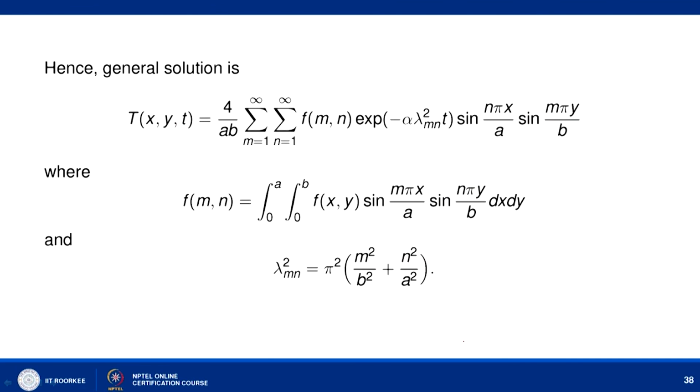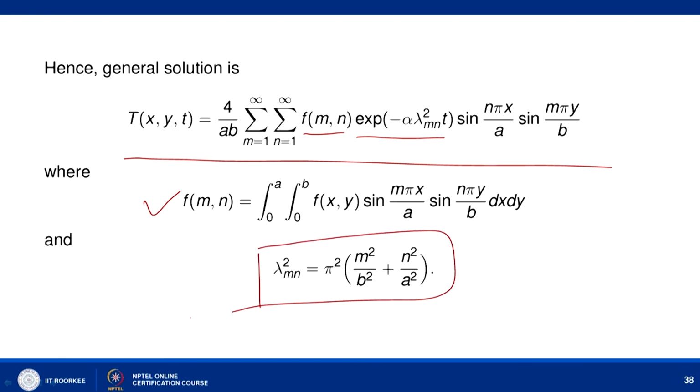So, our solution is given as follows, writing the expression for A_mn. T(x, y, t) is equal to 4 upon a b, the sum over m equal to 1 to infinity and n equal to 1 to infinity of f_mn exponential of minus alpha lambda square mn t sin(n pi x by a) sin(m pi y by b), where f_mn is the integral from 0 to a and 0 to b of f(x, y) sin(n pi x by a) sin(m pi y by b) dx dy, and lambda square mn is given by pi square times m square upon b square plus n square upon a square.